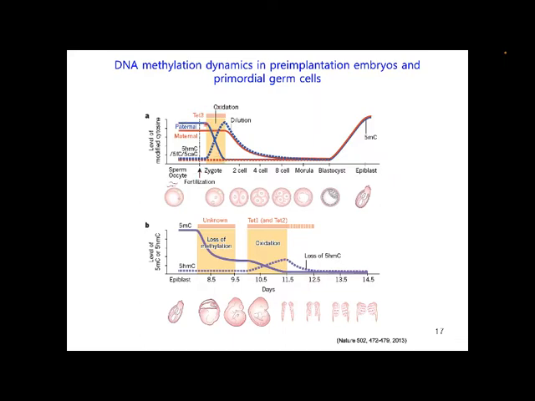That is mostly mediated by the action of TET3 oxidase, and because of the action of TET3, the 5-hmC level is quickly increased during the demethylation. And then after formation of the blastocyst, the newly established de novo methylation pattern is increased in the embryo.